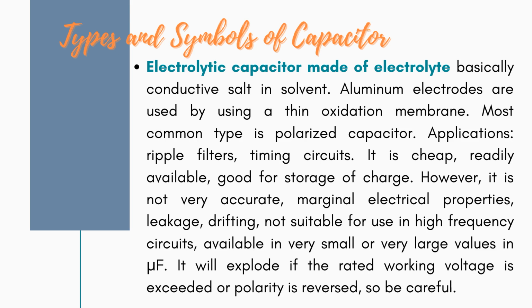However, it is not very accurate. Marginal electrical properties: leakage, drifting, not suitable for use in high frequency circuits, available in very small or very large values in μF. It will explode if the rated working voltage is exceeded or polarity is reversed, so be careful.